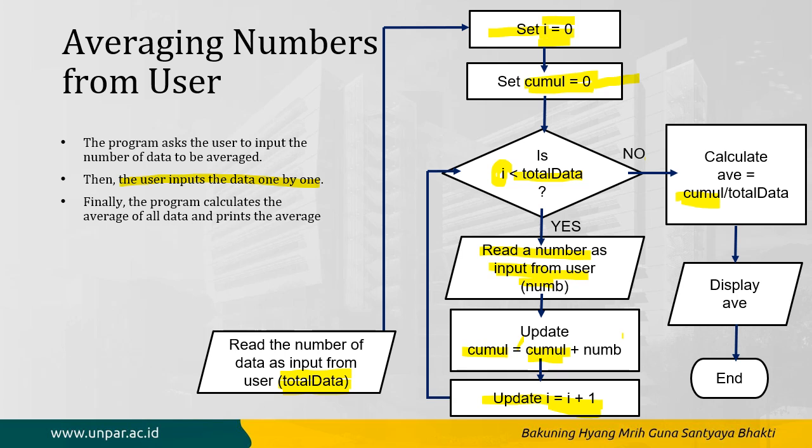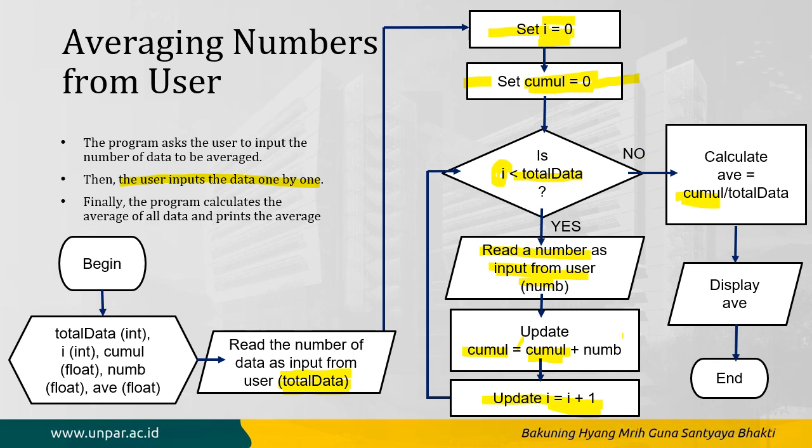It can be 0, it can be -1, it can be 1,000, it can be 3.5, it can be whatever, okay? So you need to make sure that whenever you have a variable, especially when you're going to add something to that variable, make something that is cumulative or anything, make sure that you set the value of the variable at the beginning. Okay, so these are all the things that we need to do.